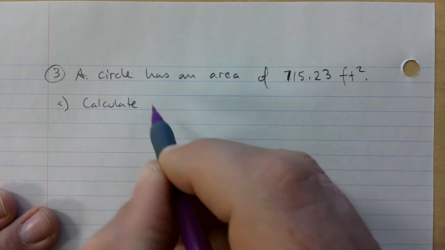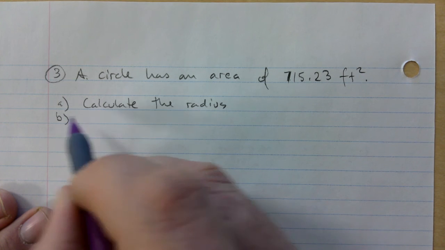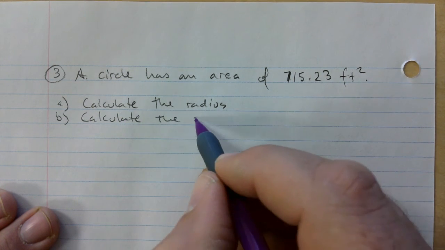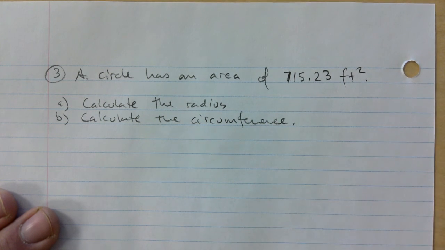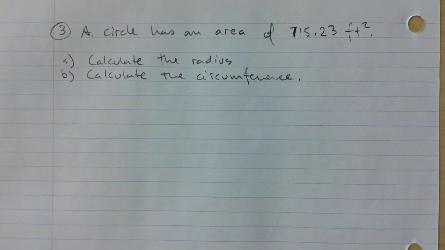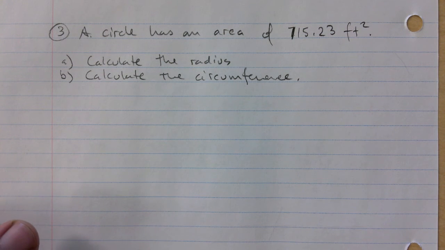A, calculate the radius, and B, calculate the circumference. Last thing we're doing, where we go.